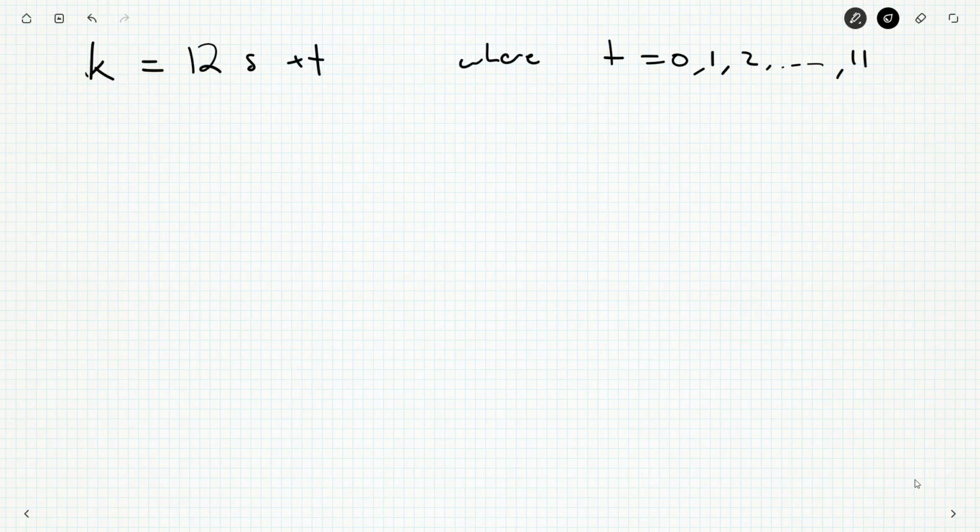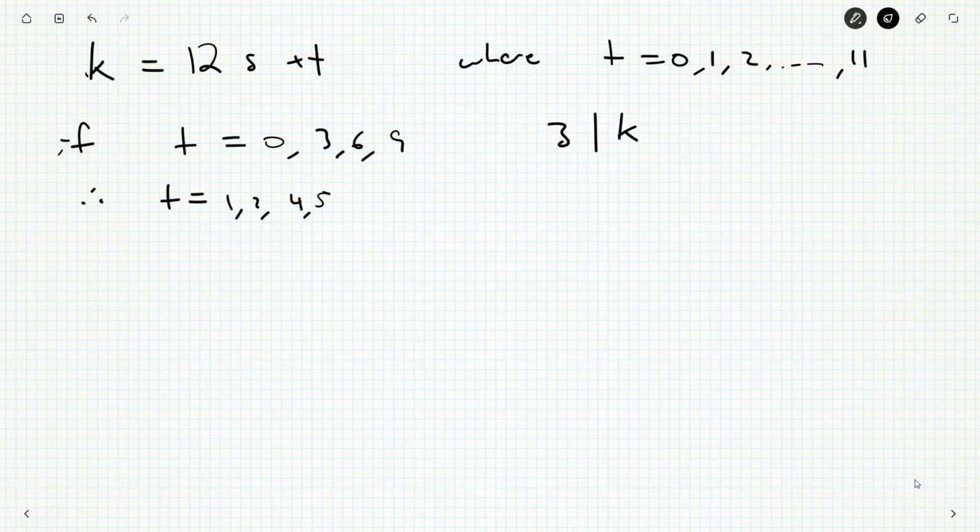All right. Now, if t is 0, 3, 6, or 9, then 3 divides k. So that tells me t is going to be 1, 2, 4, 5, 7, 8, 10, or 11.